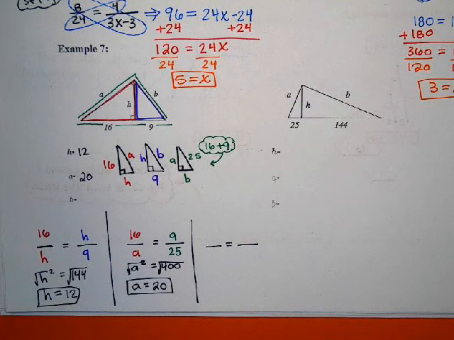Who thinks they could set up for B? These are hard. Anybody think they could try setting up for B? B's on the purple. What would the fraction be for purple?